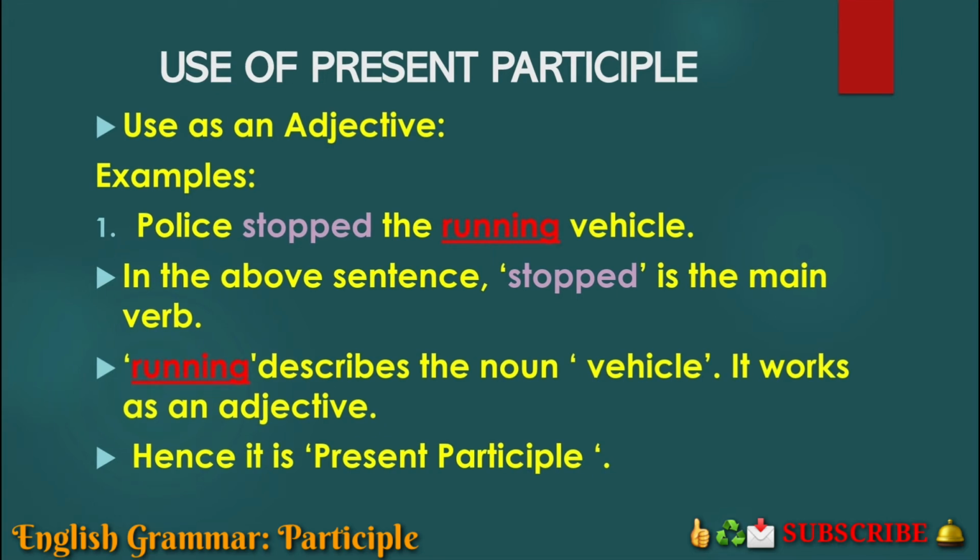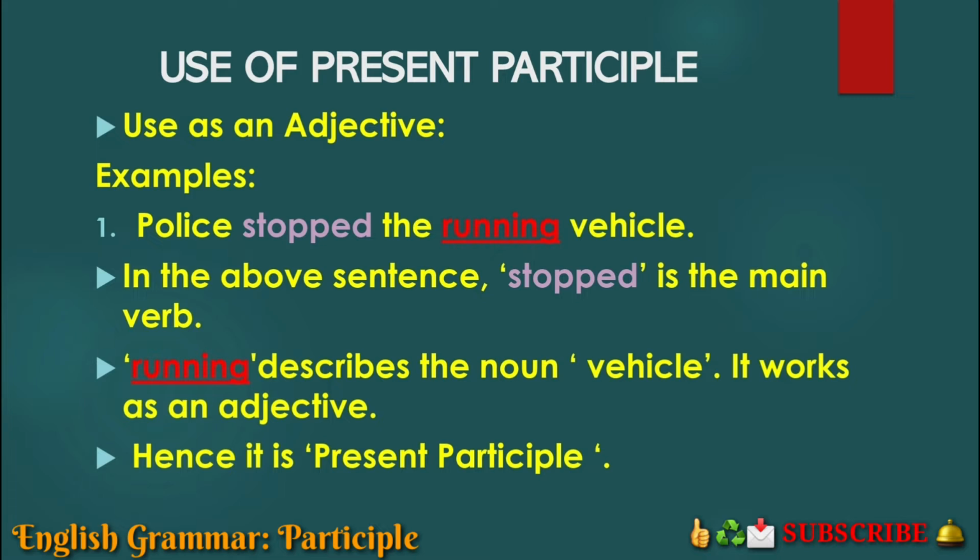Now, let's learn the uses of the present participle, how it can be used. Students, the first use of the present participle is as an adjective. Let's learn with examples. The first example: police stopped the running vehicle.